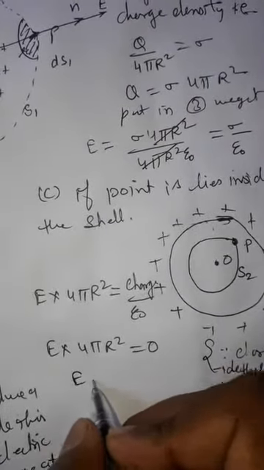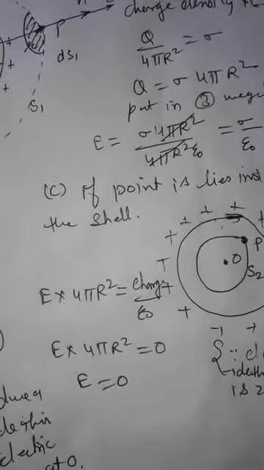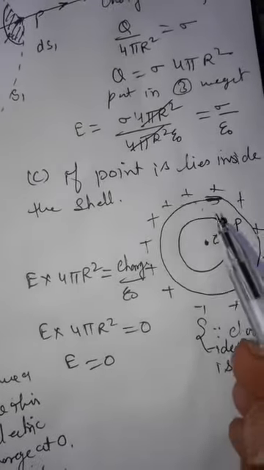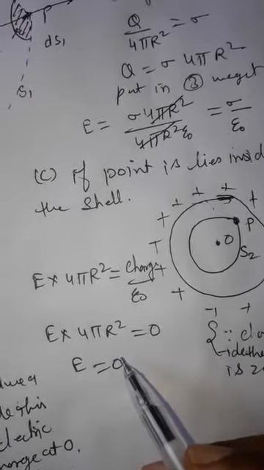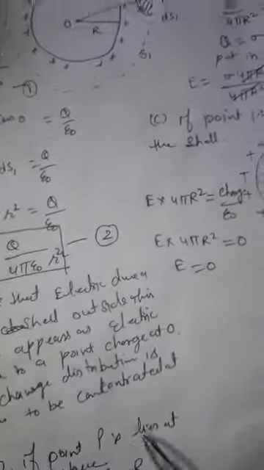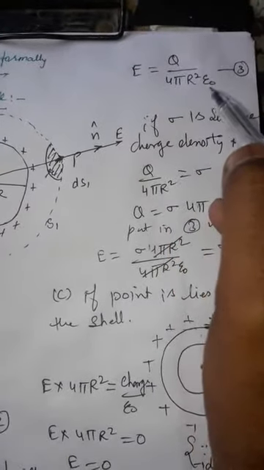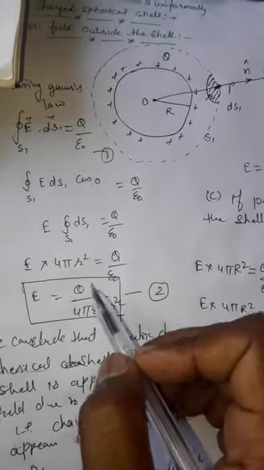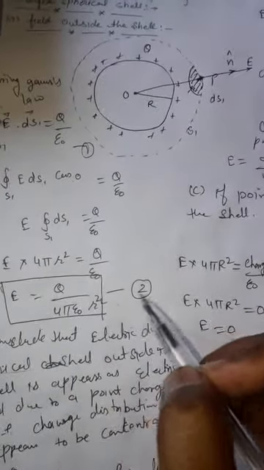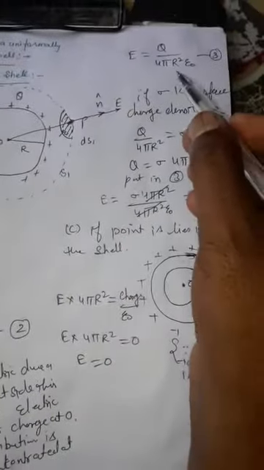So the electric field must be 0. If point P is inside the charged spherical shell, the electric field is 0. At the surface, electric field becomes Q by 4 pi epsilon naught R square, and outside the surface it becomes Q by 4 pi epsilon naught r square, where r is greater than capital R.